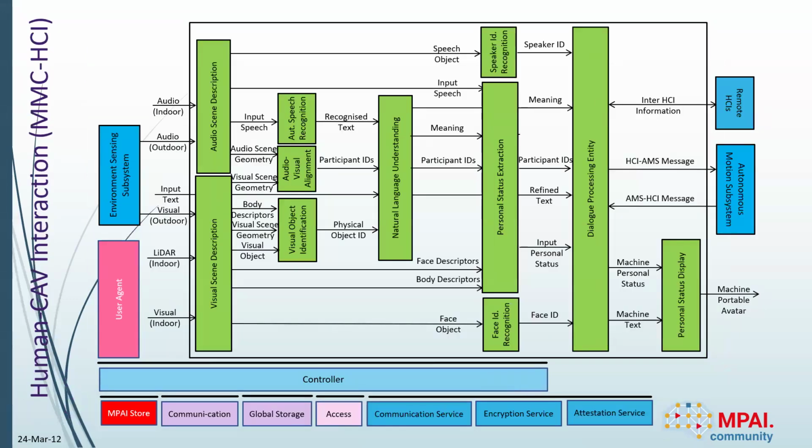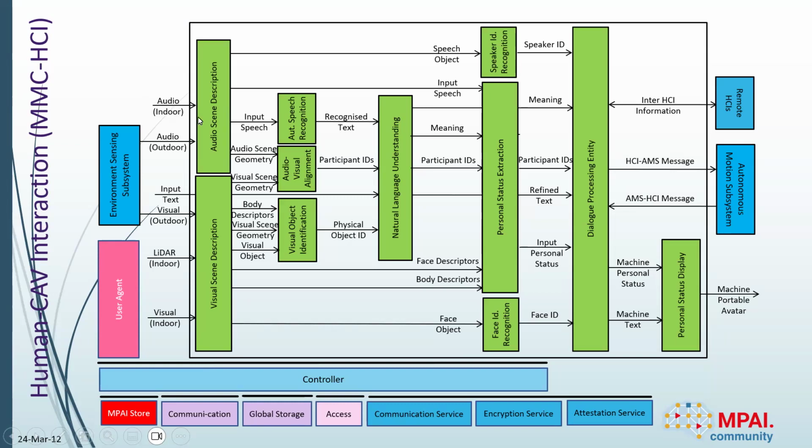Let's go to another one. So this one will be simpler because we have already introduced most of the elements. In this case, we have a human interacting with a connected autonomous vehicle. The vehicle captures the information from outside. The information is audio information.